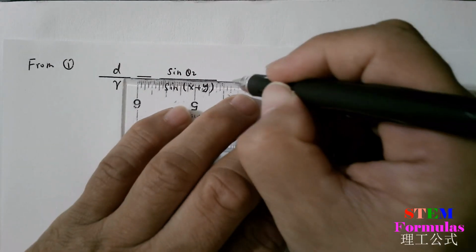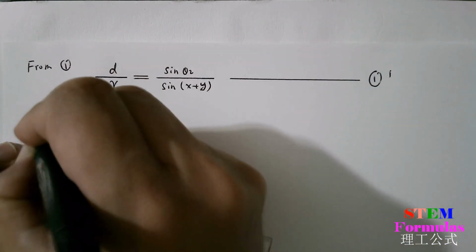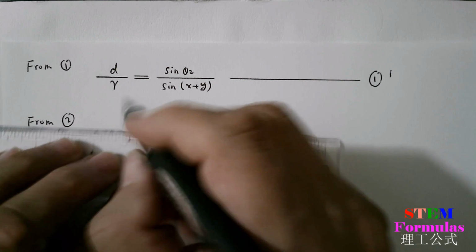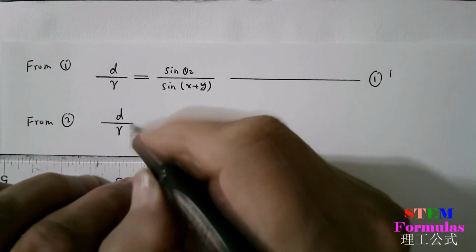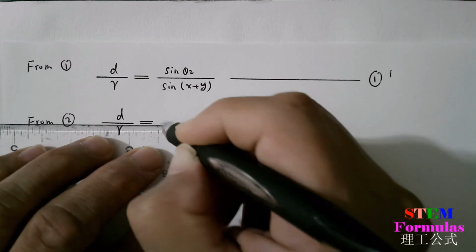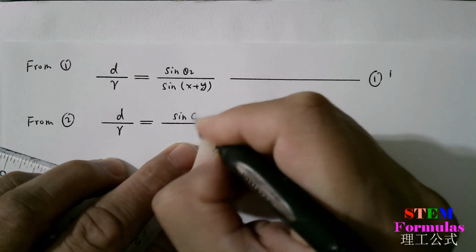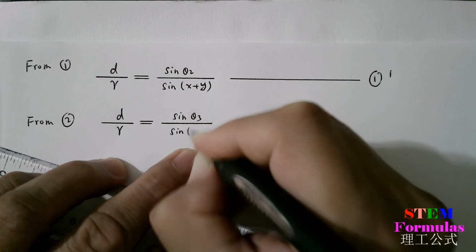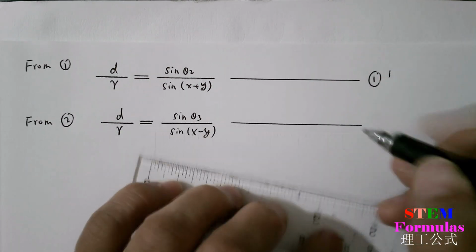And this I call equation 1 prime. And from equation 2, I have d divided by r equal sine theta 3 divided by sine x minus y. This one I call equation 2 prime.